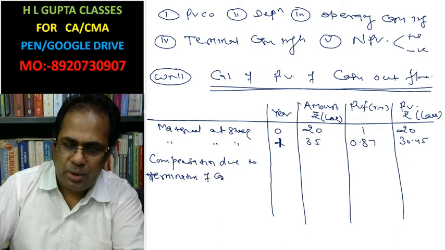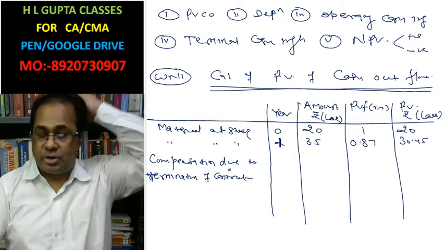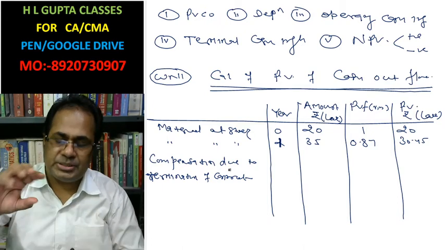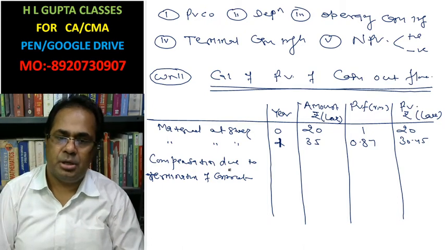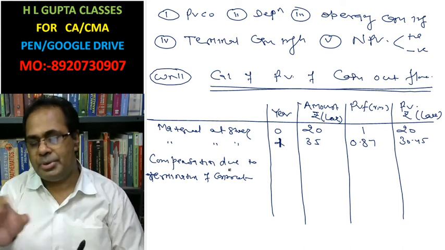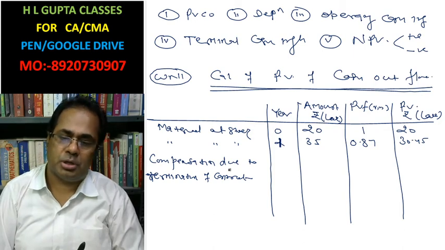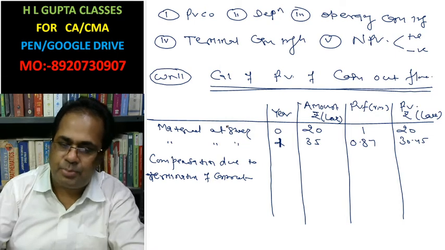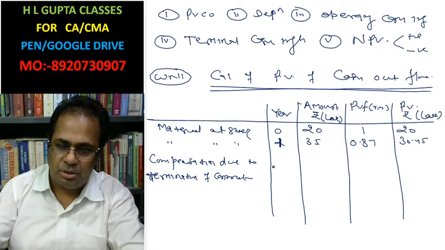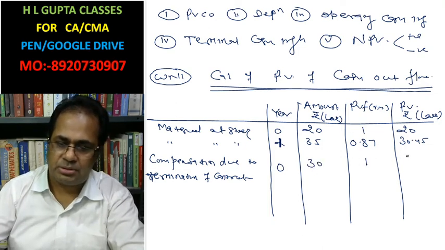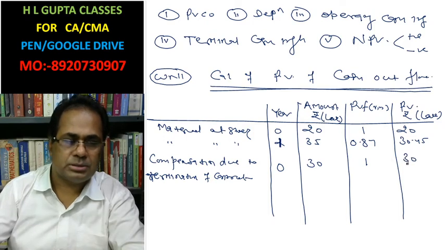What is the termination of contract? You had a contract with another party to remove disposal material each and every year, for which the company was paying 50 lakh. But now the company has decided to produce the product and the contract has terminated. In this case, you have to pay 30 lakh rupees here, without any tax. There is no tax benefit on this cost. So that is year 0, and that's why this is the 30 lakhs.